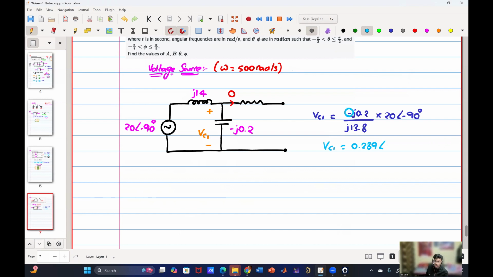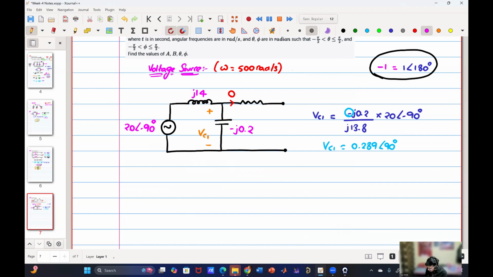Minus sign corresponds to another minus 90 degrees, so minus 90 minus 180 or plus 180, so it will be 180 minus 90, which is 90 degrees. Minus 1 is nothing but 1 angle 180 degrees, because I cannot write minus 1 angle 0, as I have told, it cannot be negative. So using this, we'll get 180 degrees.